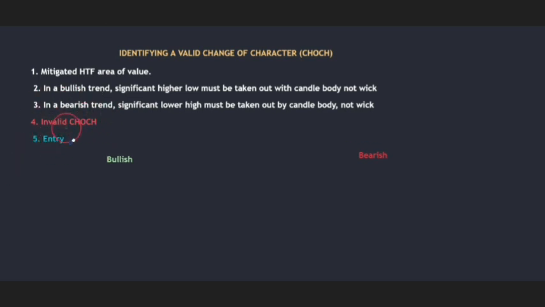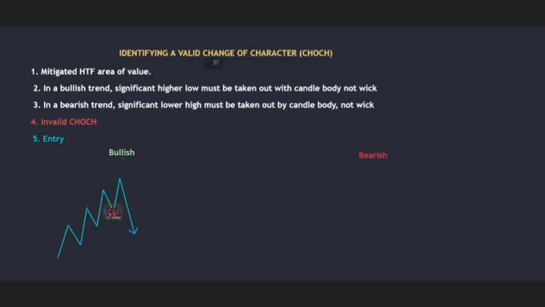So let's look at a bullish trend, where you have higher highs, higher lows, higher highs, higher lows, higher highs, and then a higher low, and then you have a change of character, something like this. I'm going to be showing you how that happens. There is a change of character.